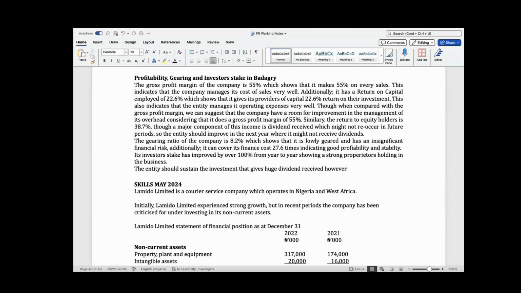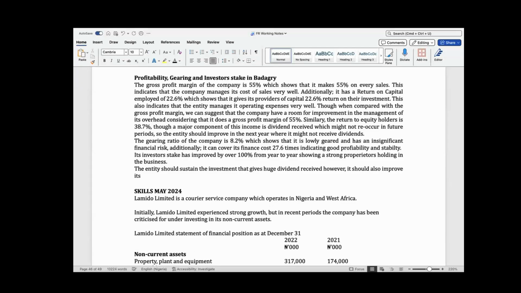However, it should also improve its operating activities so it can make improved or additional profits from operations.